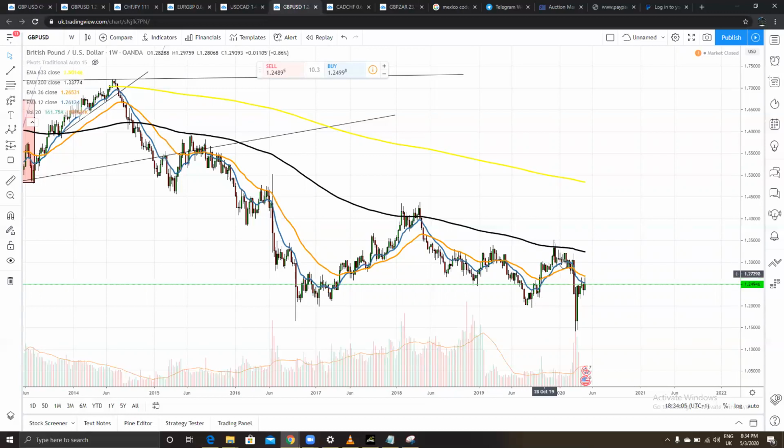Over here, we are seeing some funny fake crosses, which one needs to be aware of. Each and every time that we get to this area, it becomes very important for us to be watchful of what is likely going to happen. It doesn't necessarily matter that we have a 1 week close; it does not mean that the trend has equally changed.